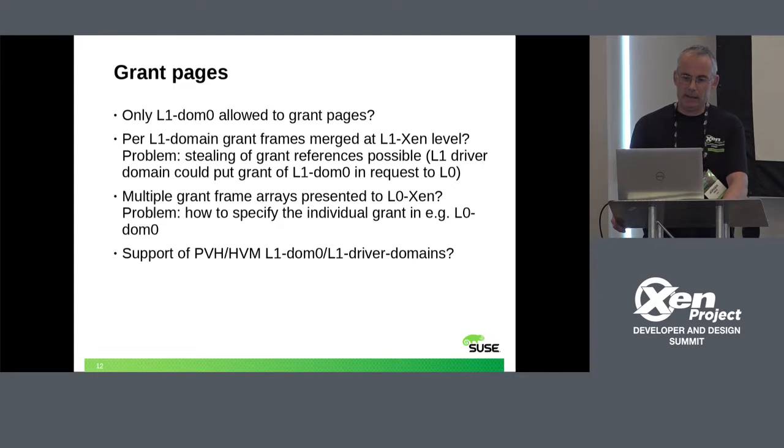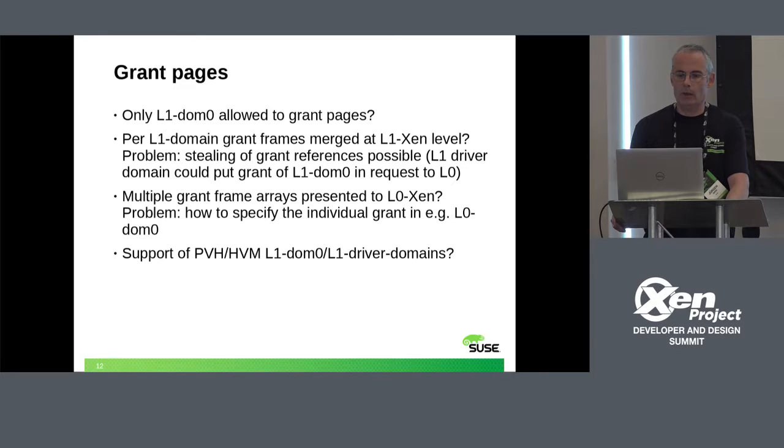And the next question would be, if we want to support nested Xen and accessing PV drivers, we should consider support of PVH or HVM level 1 DOM0 or driver domains. With PV guests at level 1, it's rather easy because they use guest MFNs, so level 1 MFNs more or less, when granting a page.